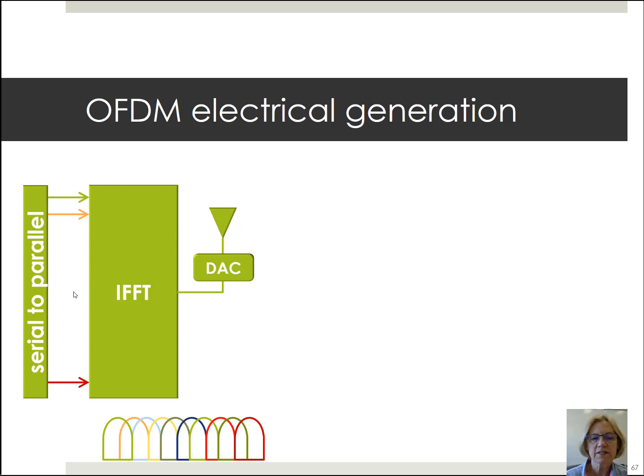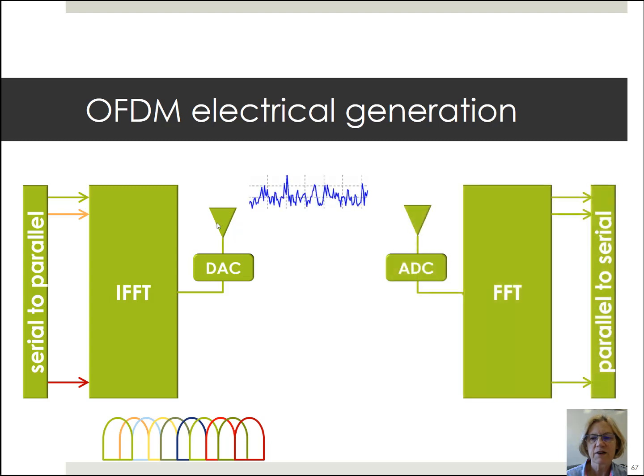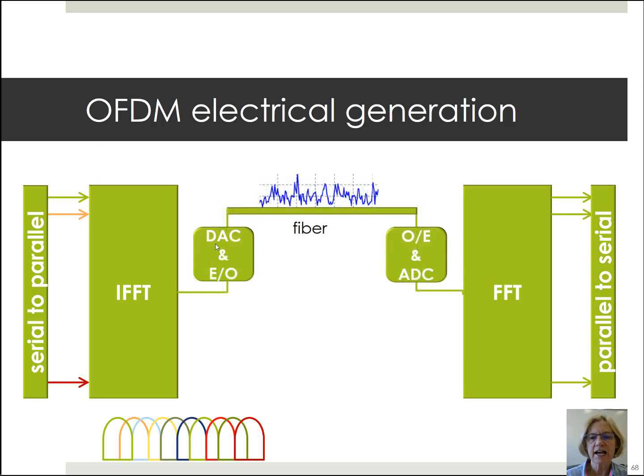So we interpret these symbols as being frequency domain symbols, and when we do the IFFT, we convert them to the time domain. This digital signal is converted to analog, and in the previous case, we had antennas here. And the difference now is instead of an antenna, we have a DAC and an electrical to optical conversion. So I have an optical signal.